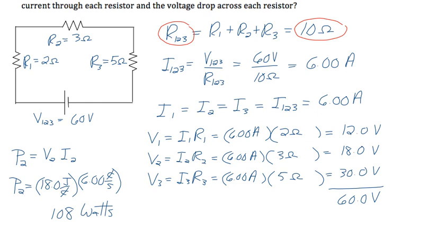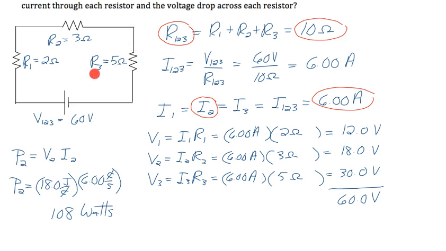Then I might say, what is the current through the 3 ohm resistor? Well, the 3 ohm resistor is this one, which I've labeled as R2. So the current through the 3 ohm resistor would be 6 amps. That would be maybe the second question, the part B question. And then I might say, well, what's the voltage drop across the 5 ohm resistor?